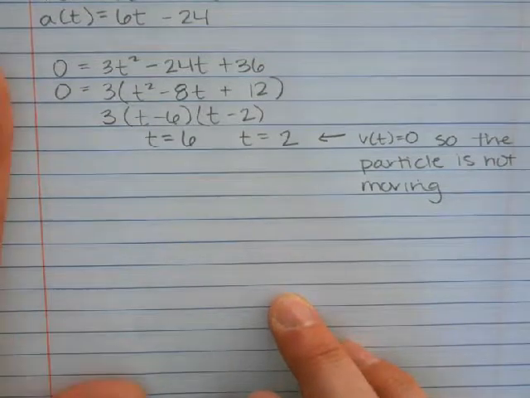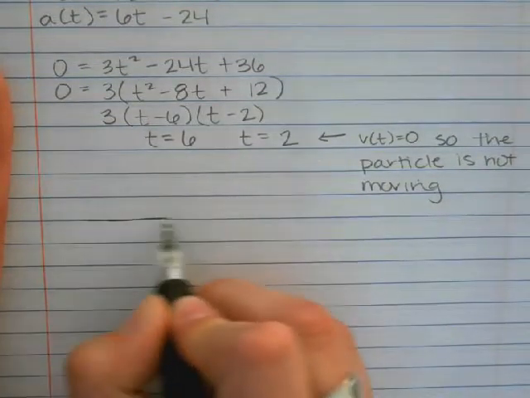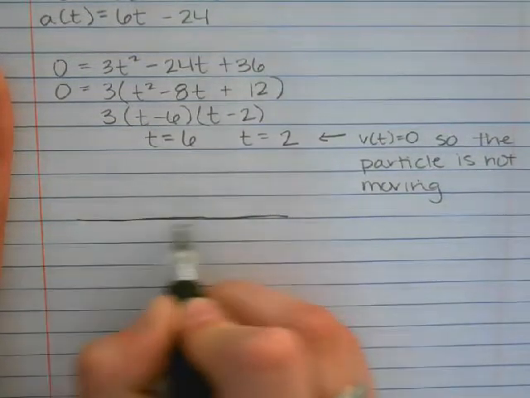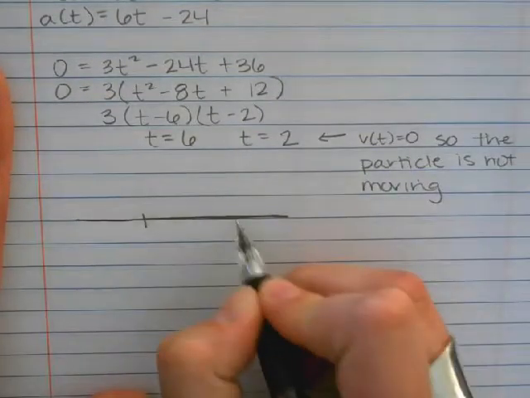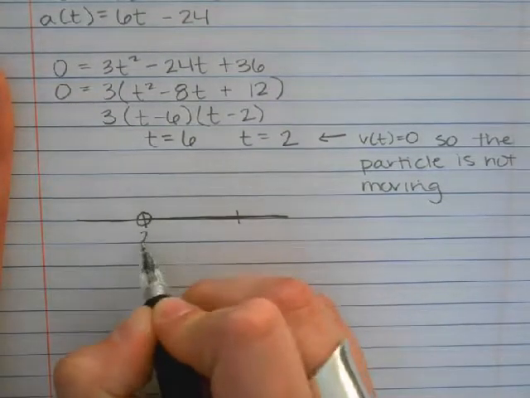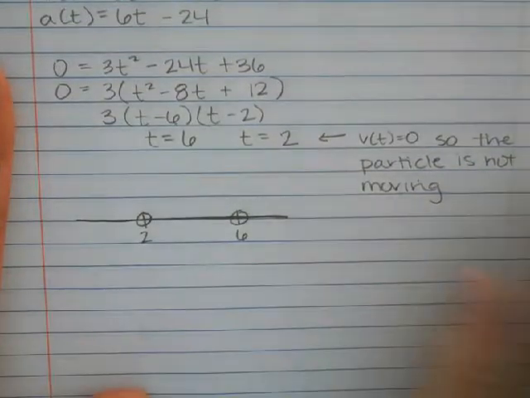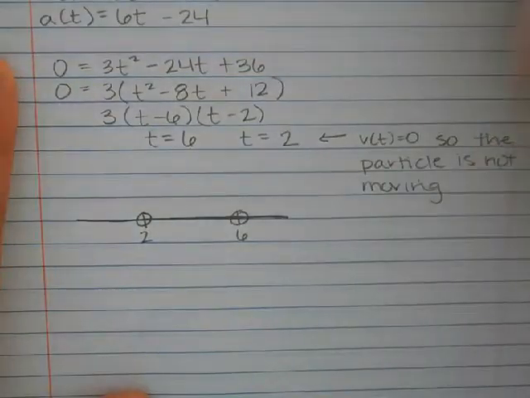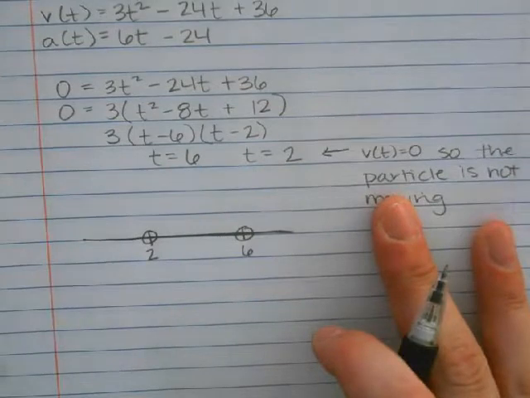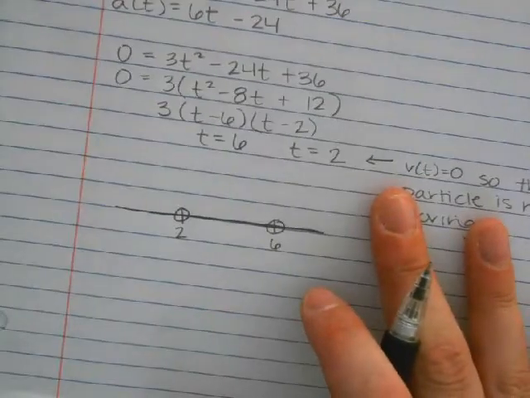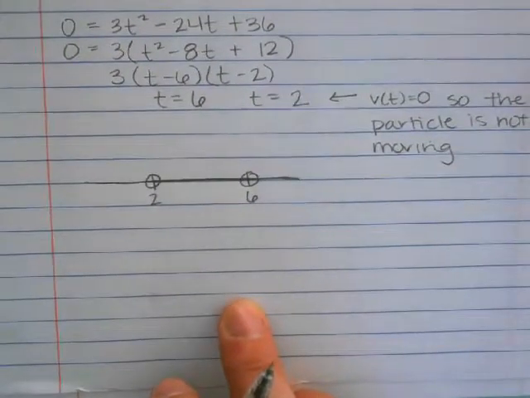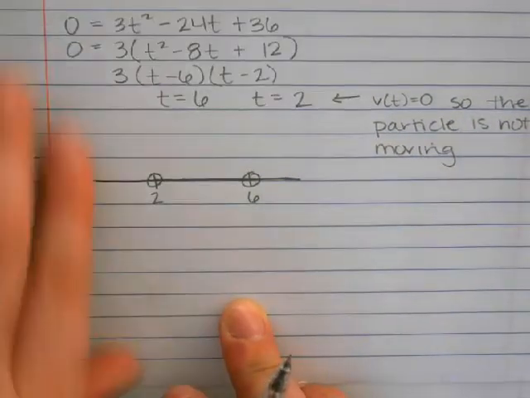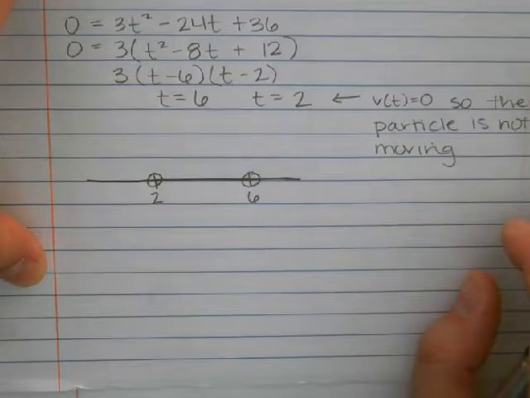All right, and then this is something that we're going to do quite often in this class. We're going to draw a number line: 2 and 6. We're going to see what the signs are to the left of 2, in between 2 and 6, and to the right of 6, because it's going to give us more information about how the particle is moving.